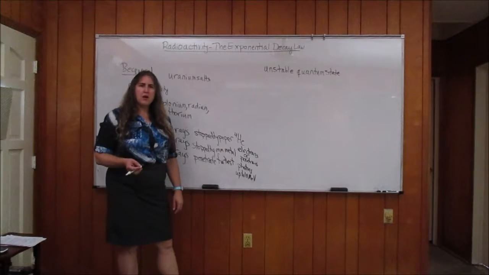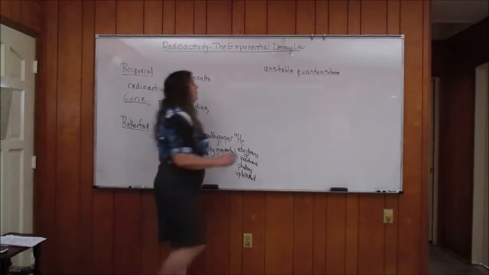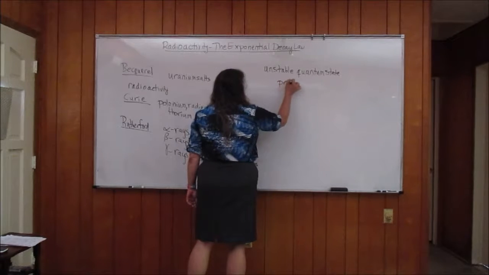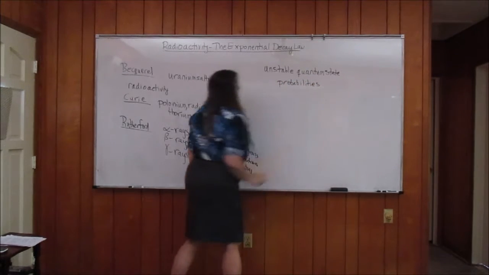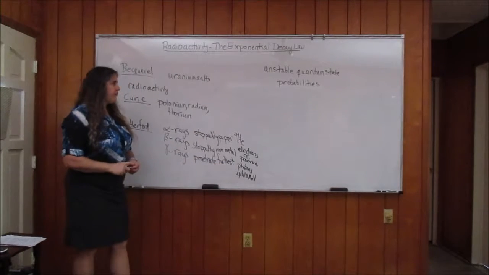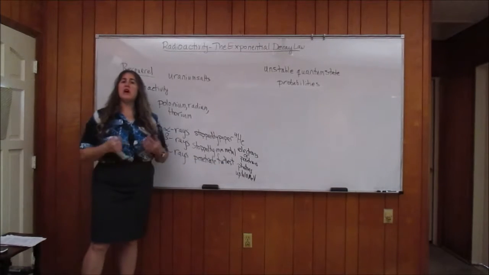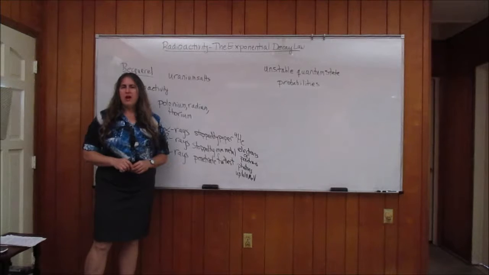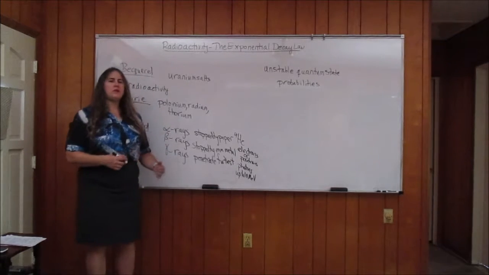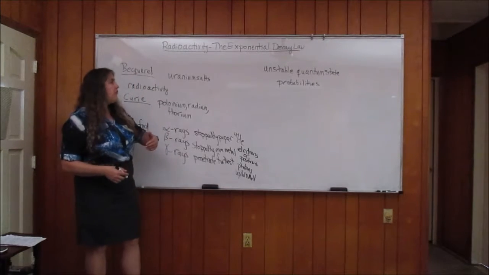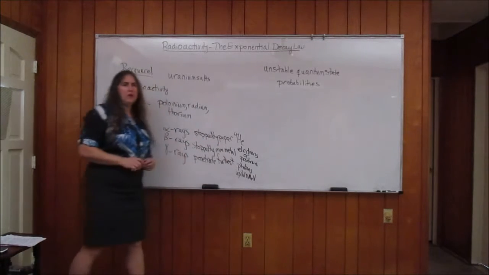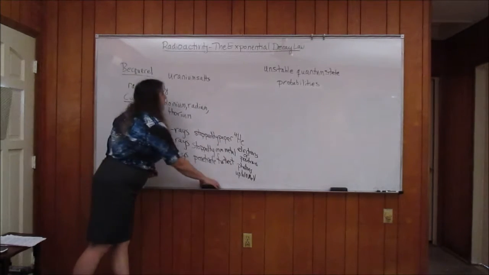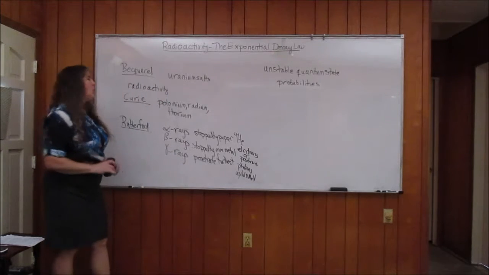Since we're talking about quantum theory, it means we're talking about probabilities. Okay? So what I mean by that is if I've got a radioactive nucleus, I cannot say with certainty after a certain amount of time it's going to decay away. I can only speak of a probability that a decay will occur. So let's quantify what I mean by that.